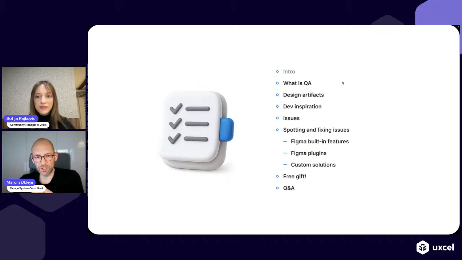Plus, we'll talk about the issues that we can find in our designs, in our Figma files mostly, and we'll talk about how to spot and fix all these issues using Figma's built-in features, using Figma plugins that are already made, but we'll also talk about the custom solutions that will allow us to probably tailor or customize checks for our own products.